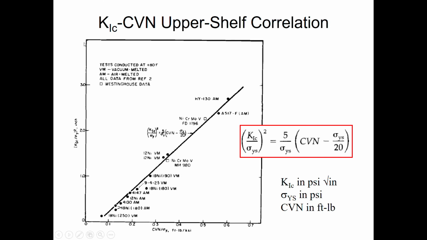Okay, this is the K1C CVN upper shelf correlation. The graph of CVN plotted versus K1C for several types of material.